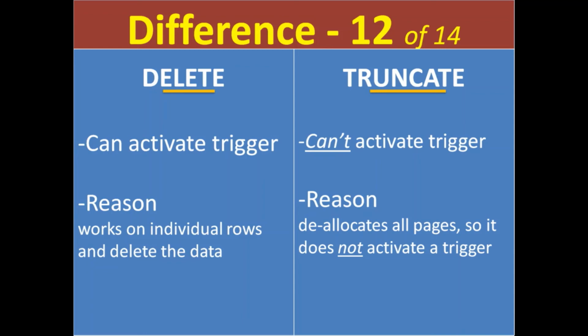And what does the delete command do? It deletes the records at the row level. Whereas in case of truncate, it can't activate a trigger. Why? The reason is it deallocates all pages and so it does not activate a trigger.